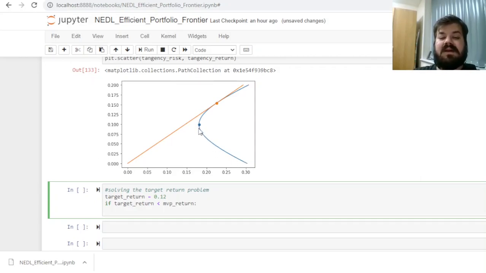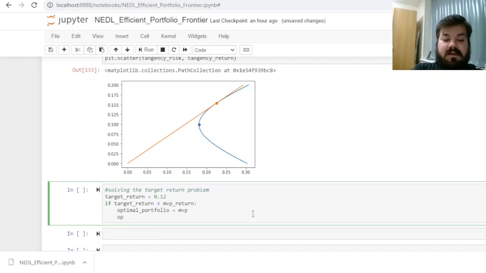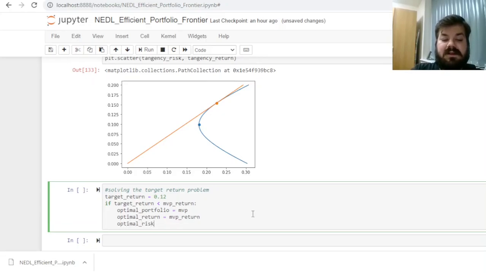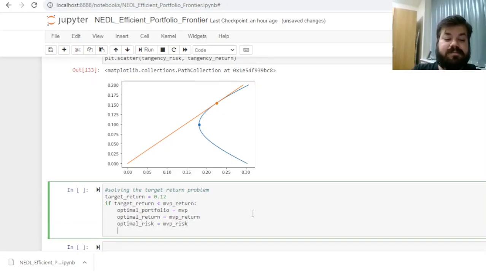As this part of the curve is actually not part of the efficient portfolio frontier, as the minimum variance portfolio does objectively beat all of these in terms of both risk and return, which means that any rational investor would prefer MVP to any of these. So it means that if our target return is less than MVP return, then our optimal portfolio is MVP, our optimal return is indeed the MVP return, and our optimal risk is MVP risk.